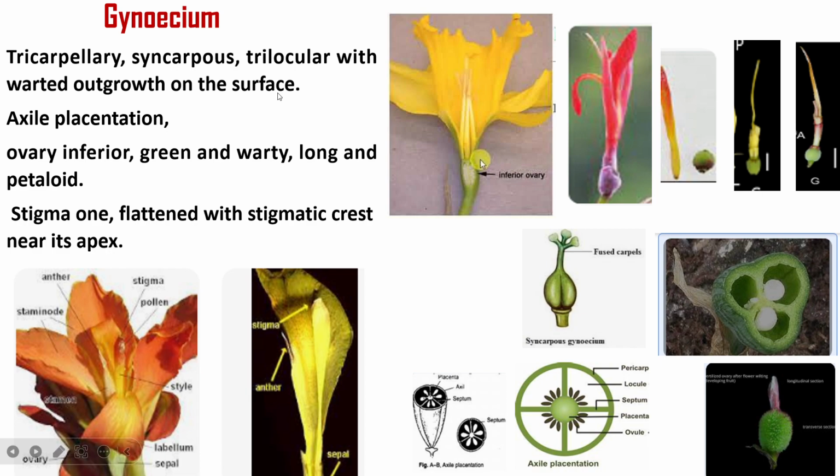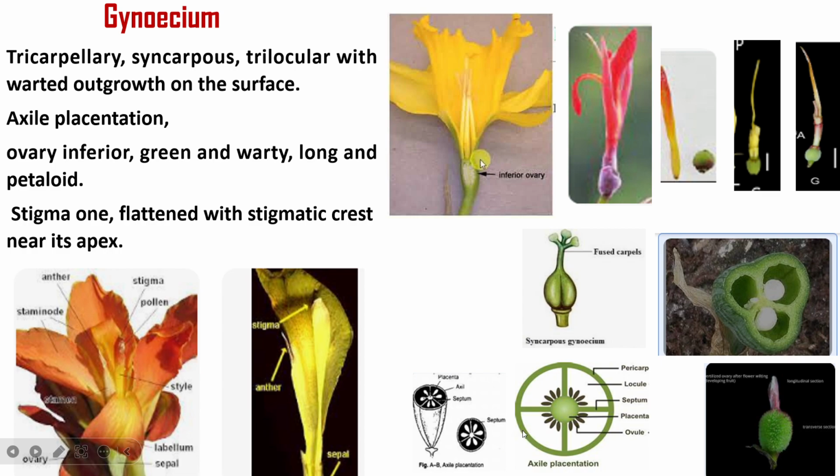Then axile placentation. The mode of arrangement of ovules on the thickened ridge-like placenta of the ovary. Placenta is a parenchymatous outgrowth present along the ventral suture in the inner wall of the ovary, to which the ovules remain attached.